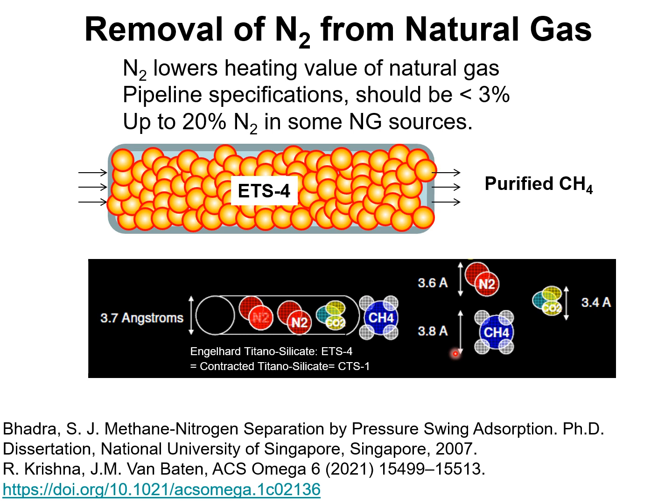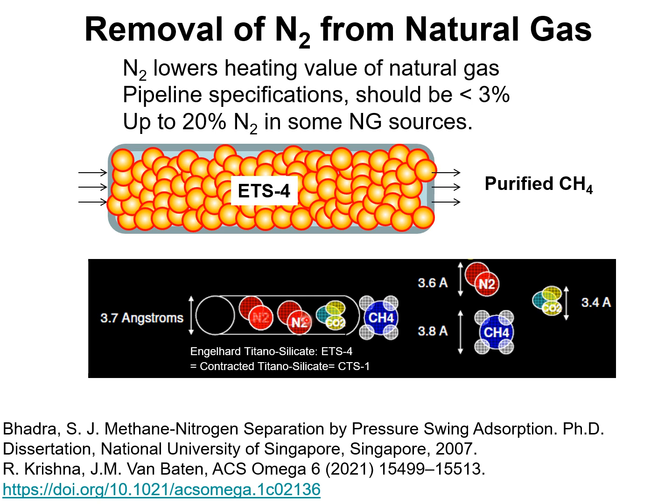Due to size exclusion of methane, the pores of ETS-4 have practically no methane present in them. Therefore, the competition between nitrogen and methane is practically non-existent.